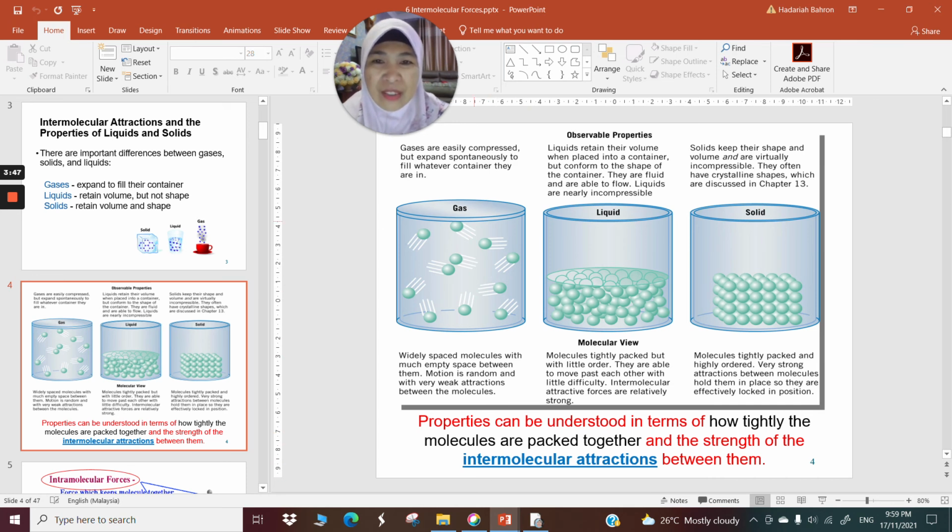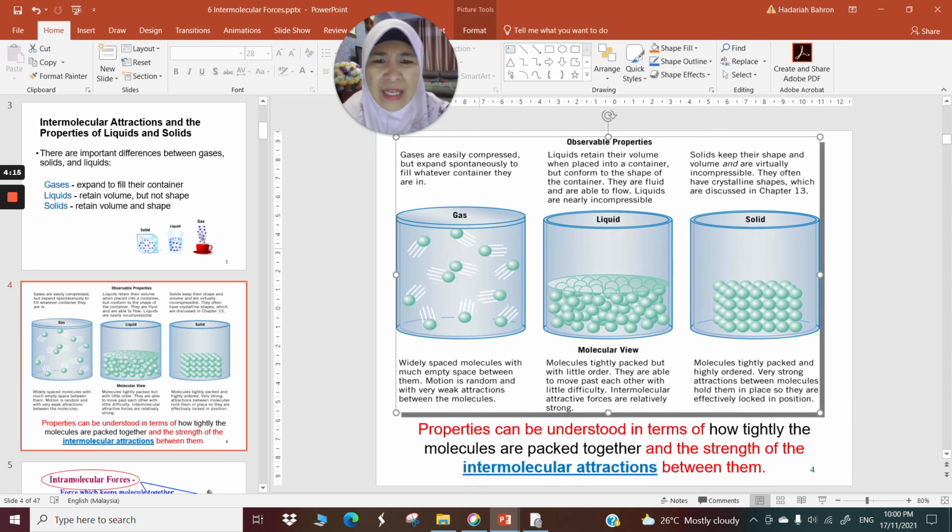In the gaseous phase, gases are easily compressed, expand spontaneously, and fill the container. The molecules are widely spaced, with a lot of empty space between them, their motion is random, and there is very weak attraction between molecules.